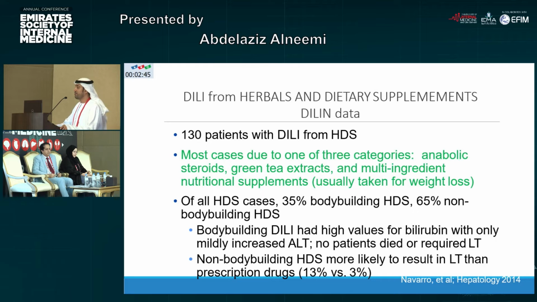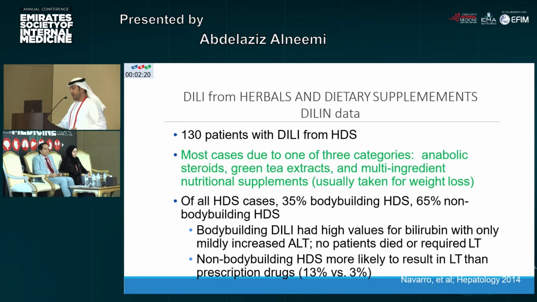So DILI from herbal and dietary supplements. This is the DILIN data: 130 patients with DILI from herbal and dietary supplements. Most cases were due to one of these categories: anabolic steroids, green tea extract, and multiple nutritional supplements. And most of them are used for weight loss.